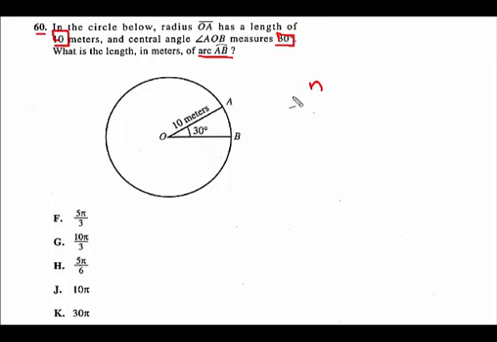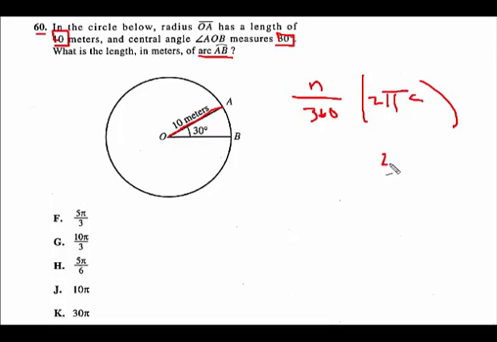Formula n over 360 times 2 pi r, and we remember that 2 pi r is really the circumference. So what do we do? We plug our information in. Here is the radius, so we can start over here.